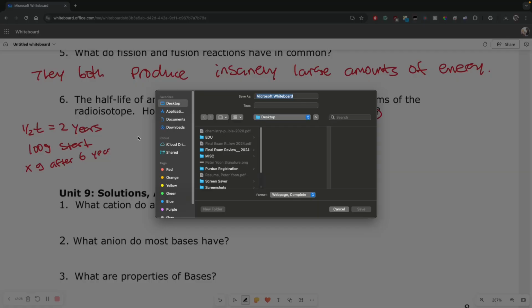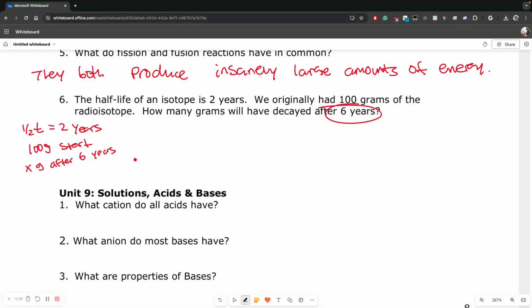Alright. Okay, so we have 6 years worth of decay, and each half-life is 2. So 6 years divided by 2-year half-life is going to be 3 half-lives, right? So we're going to undergo 3 half-lives for 100 grams of radioisotope.